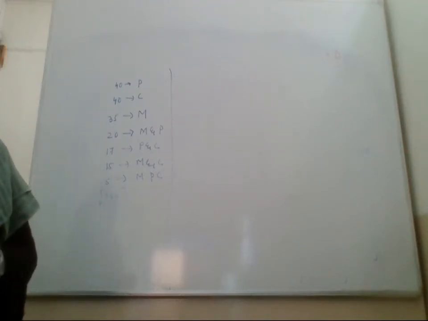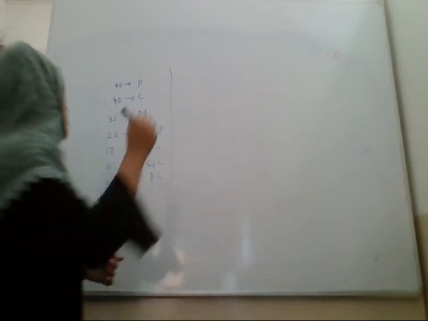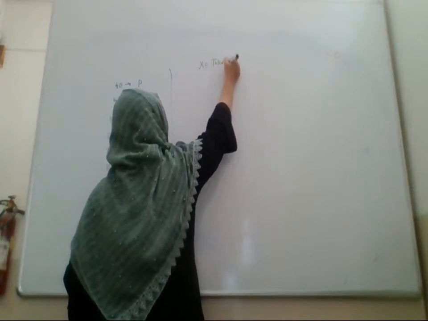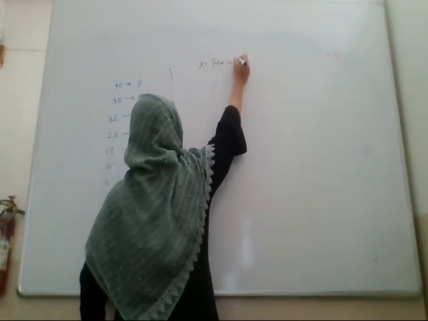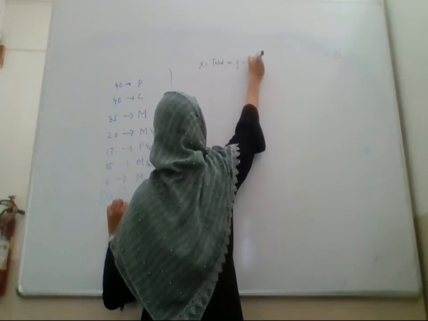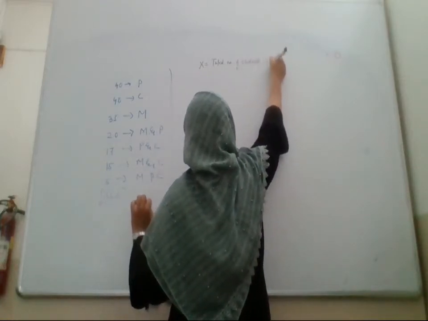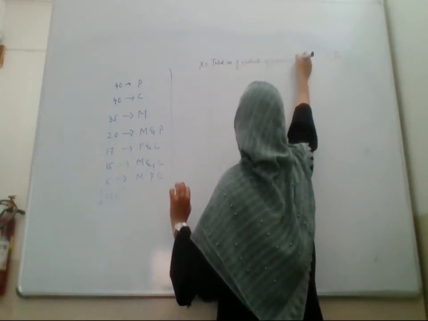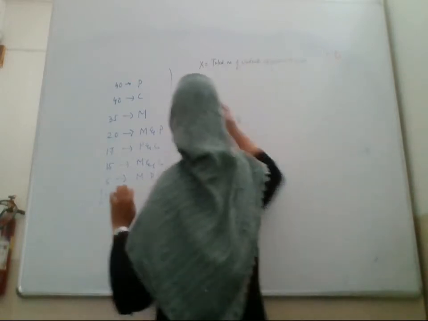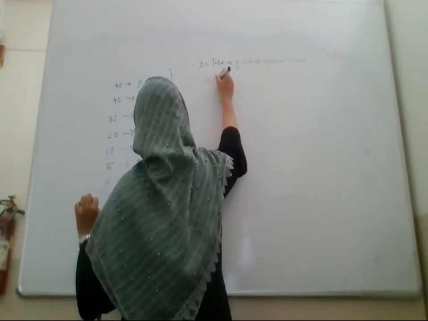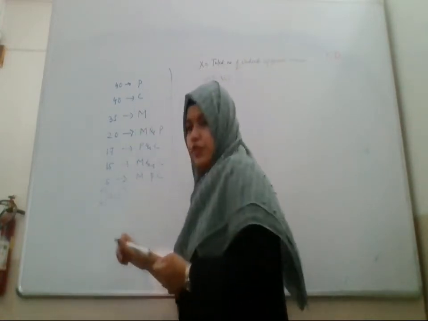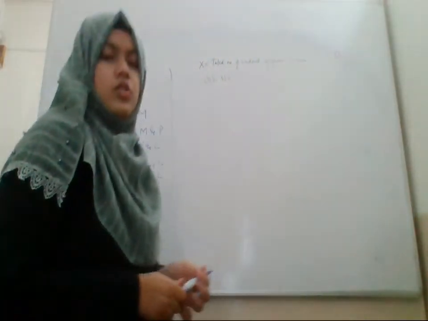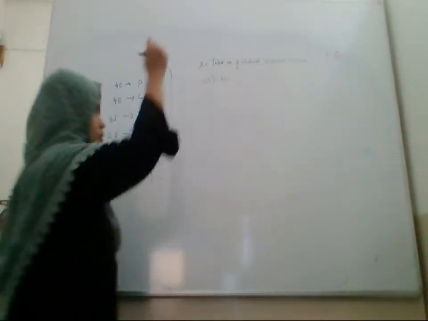So we will take X as universal set, X as total number of students appeared in exam. Okay, so the cardinality n of x is given, which is equal to 350.